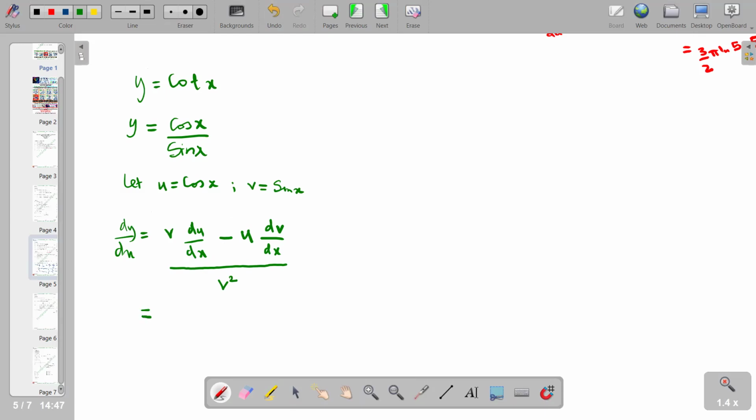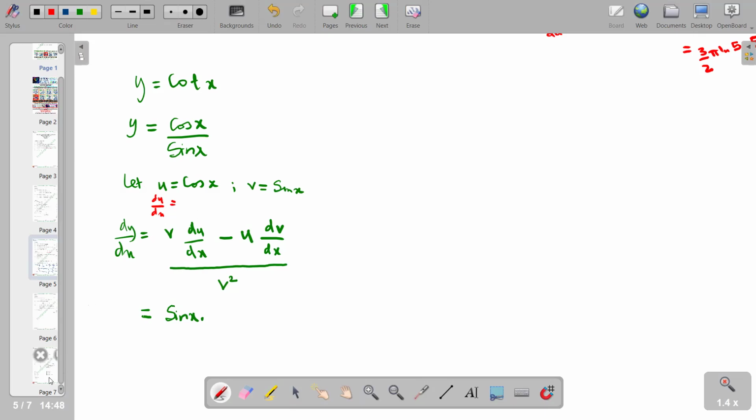So we found our v, it's sine x. Then it's multiplying du dx. This is our u. So du dx will be equal to, we just go to the formula sheet.